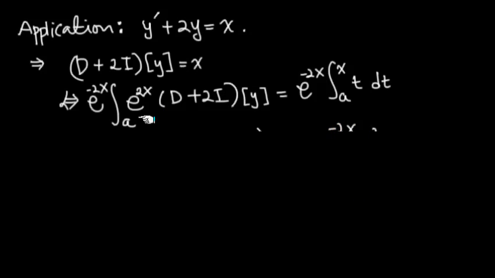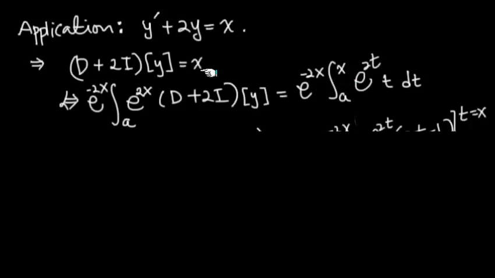That's what I'm doing for both sides. With d plus 2I, we have these three operators: multiplied by e^(2x), the integral operator, multiplied by e to the negative 2x. The same operator is applied on the left hand side. I forgot to multiply e^(2t) into the right hand side, so I did it.